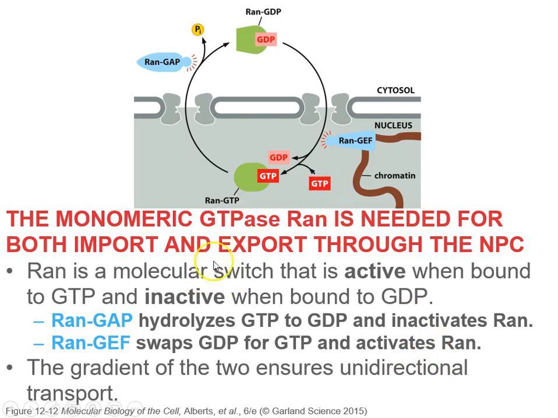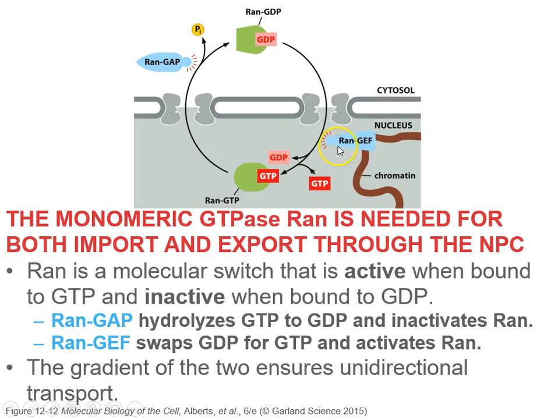What's shown in here is inactive RAN, because it has GDP bound to it. If the inactive RAN goes through this nuclear pore from the cytosol to the nucleus, it will encounter RAN GEF.